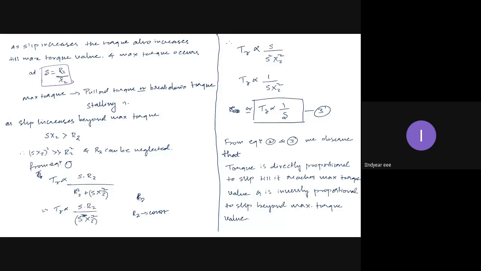So initially the reactance is less, resistance is more. In the later stage, resistance is less, reactance is more. So my S into X2 is greater than R2. Therefore, the torque is now inversely proportional to the slip, and the torque starts decreasing once it reaches the maximum value.